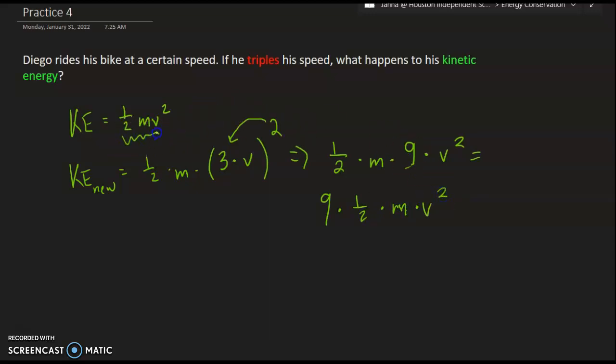So if I compare this equation to this equation, I can see they're almost exactly the same. I still have 1/2 times m times v squared, but I'm also multiplying by 9. So if he triples his speed, he increases his kinetic energy 9 times. So 9 times KE.